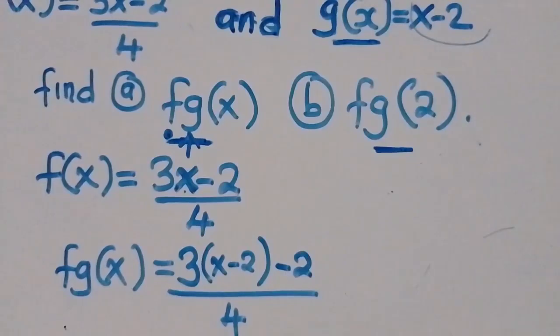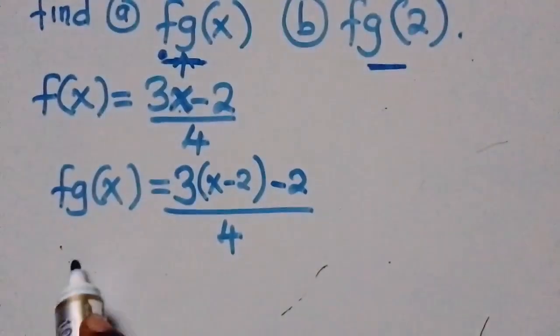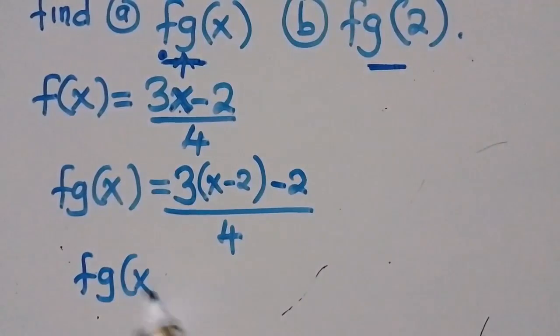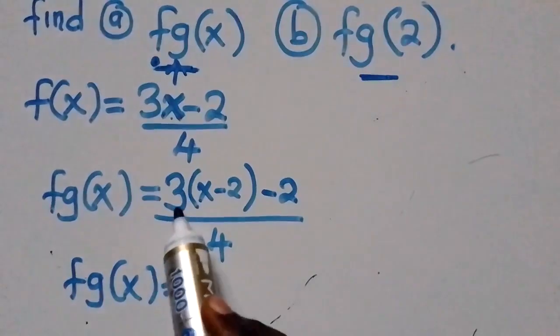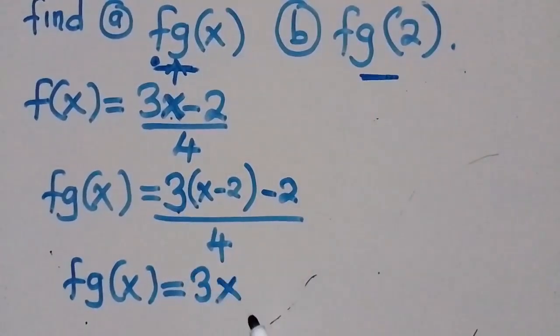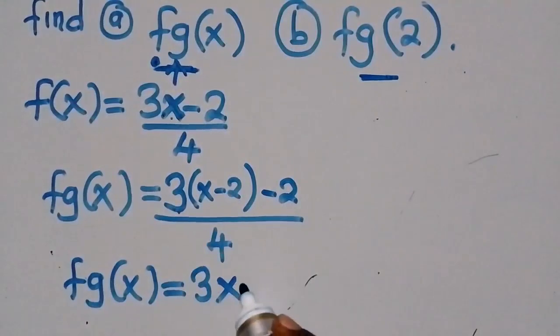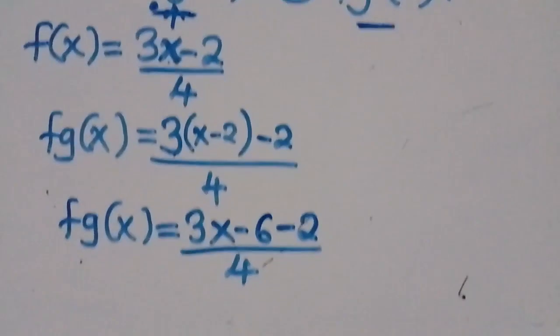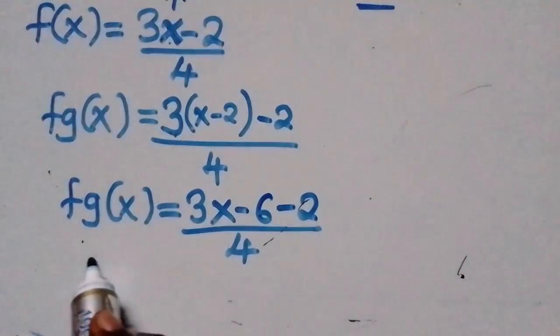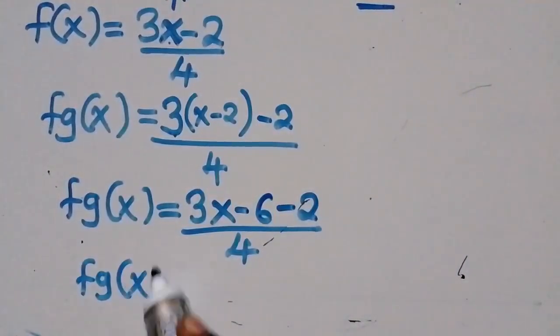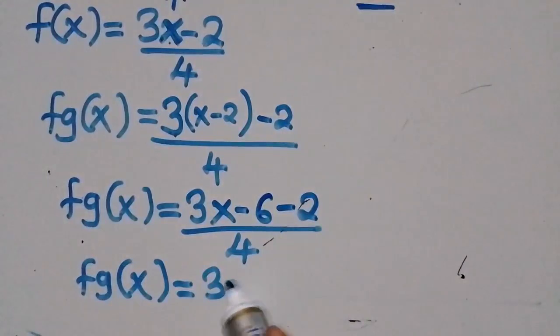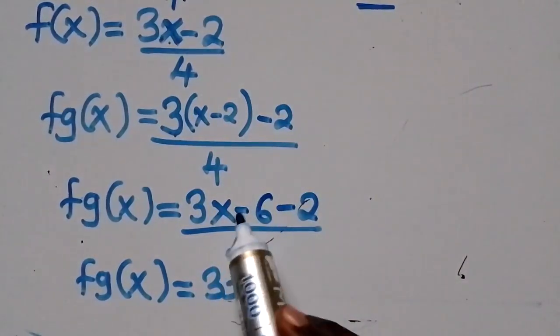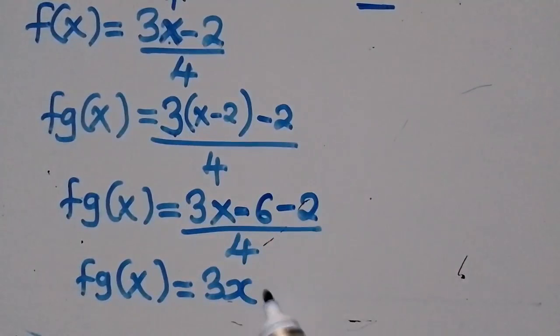So here now, you proceed and say fg of x is equal to 3 times x, this is 3x, 3 times 2, negative 6, minus 2 over 4. This is what you are going to have. Then finally, fg of x is equal to 3x, then negative 6 minus 2, what are you getting?